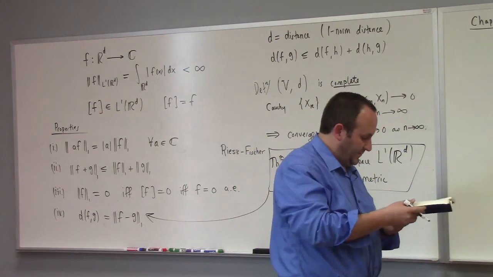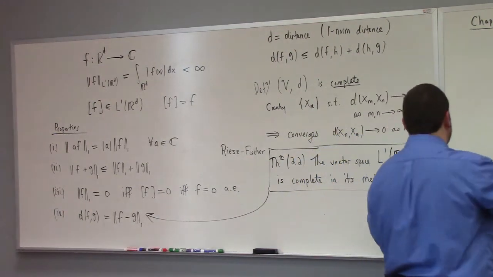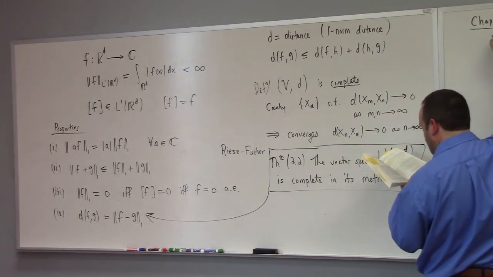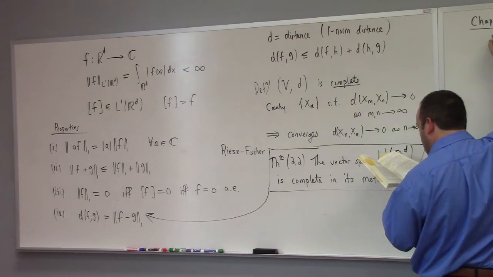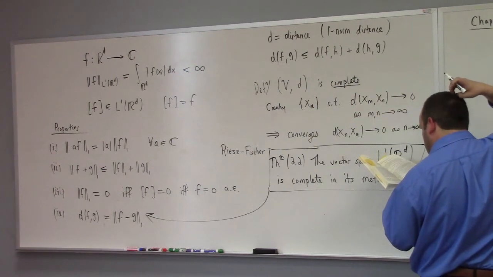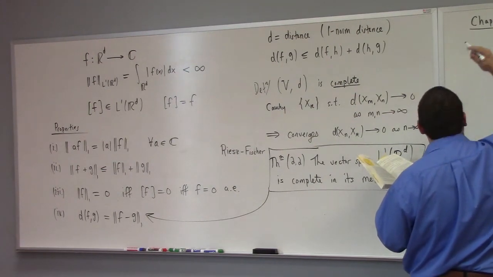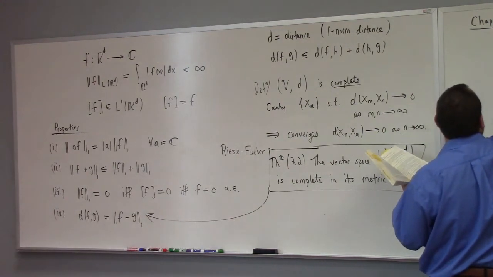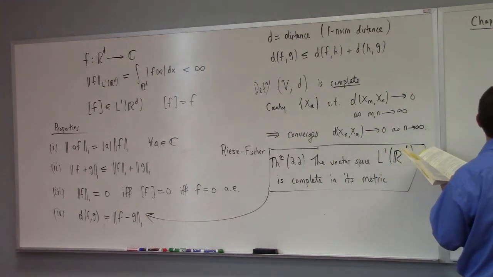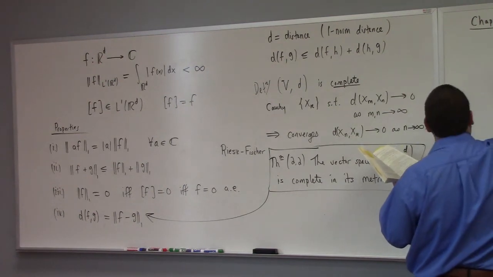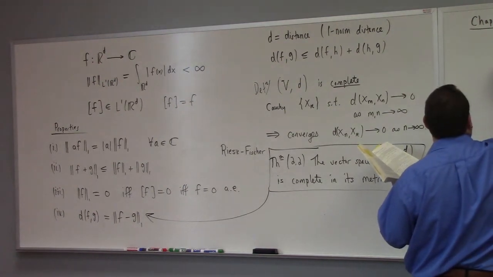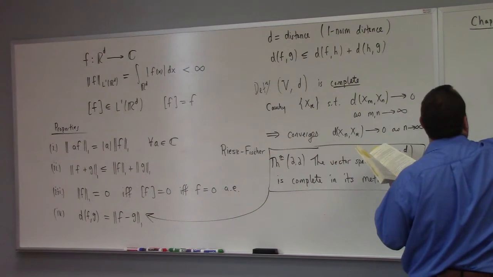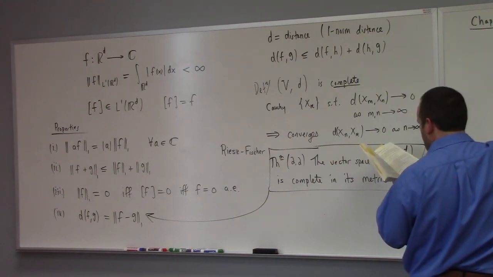So, Hilbert space L2. Let's talk about this here. He said a prime example of the Hilbert space is the collection of square integrable functions. So this time we're going to look at functions again from here to here. But this time we're going to define the 2 norm.